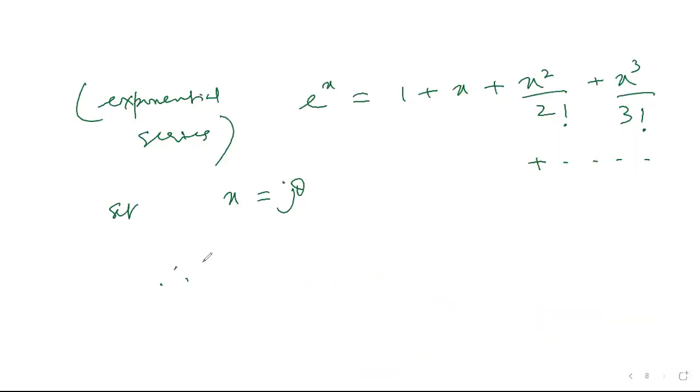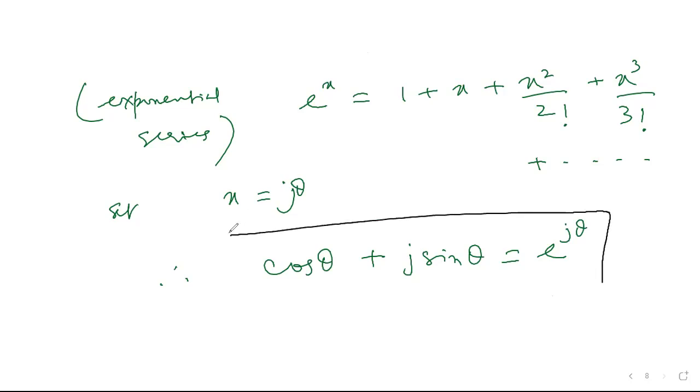Therefore, the result is cos theta plus j sine theta is equal to e raised to the power j theta, right? Let me encircle it. This is a very important result and name it as equation 5.